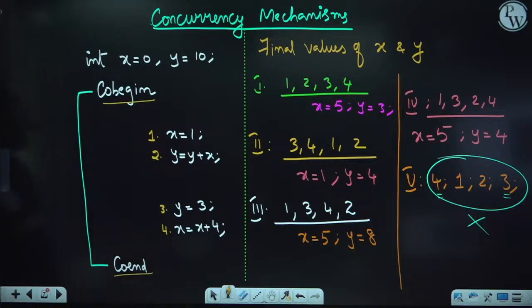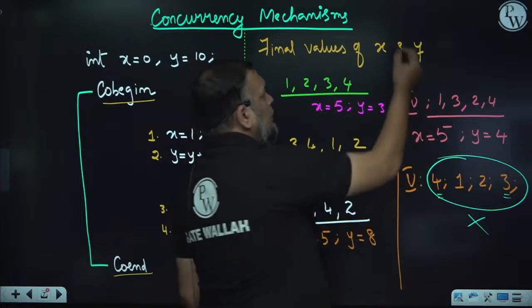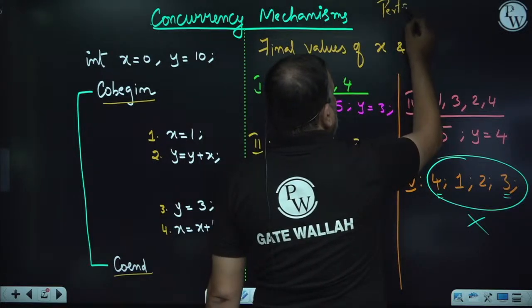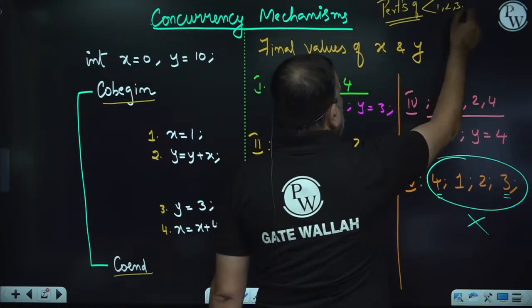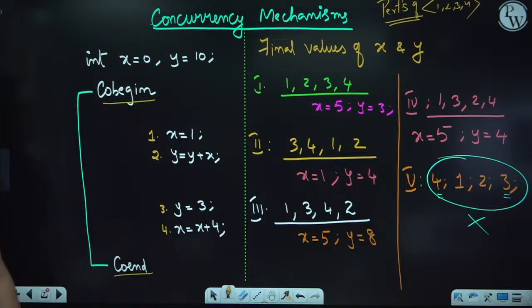Then the question is, how many permutations of executions of statements 1, 2, 3, 4 are possible? In how many different ways can I execute the 4 statements now?